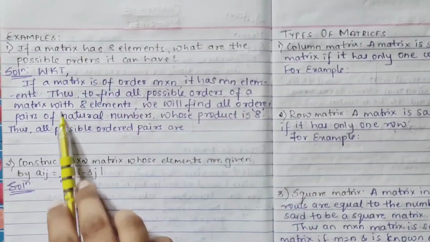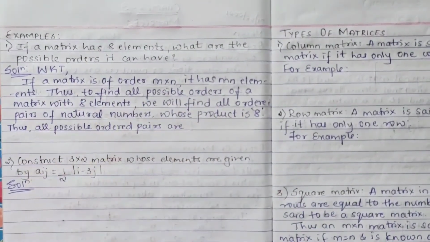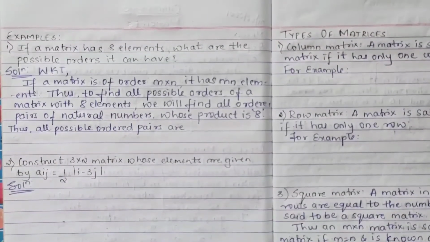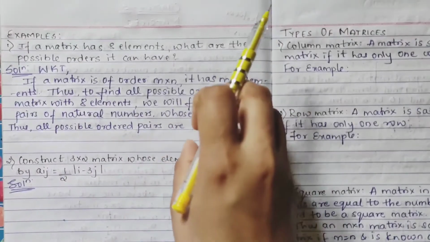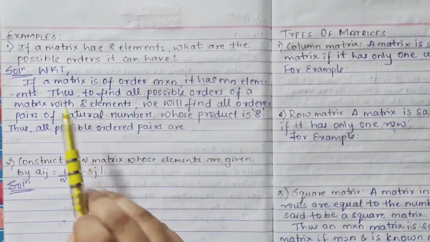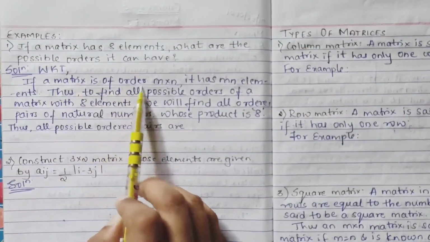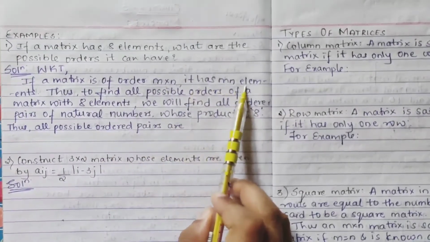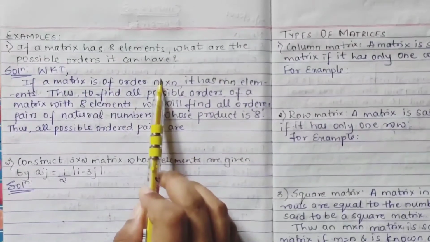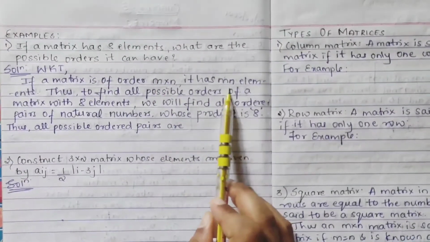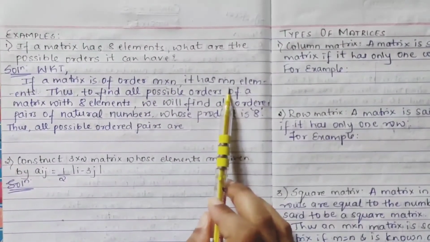These are just sentences which you have to understand. It's not necessary to write them for every problem, but for your understanding, I'm telling you: if a matrix is of order m cross n, it has mn elements. We don't know the order in general, so in general the number of elements will be mn.